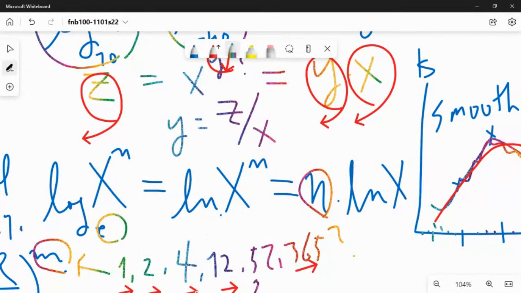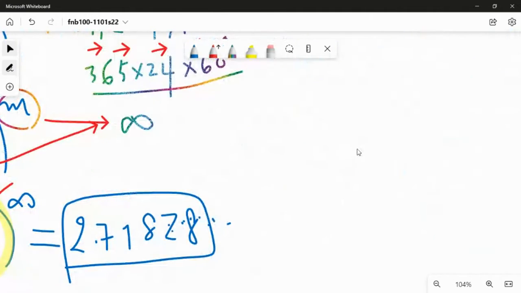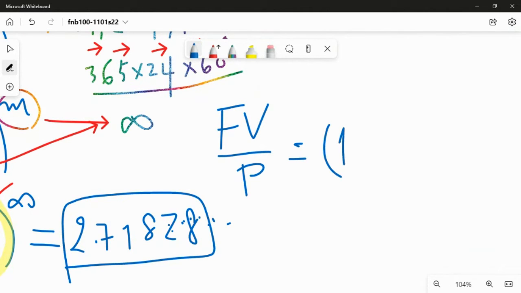So now that gives us an idea. Again, think about it. We had basically FV over P, from the base function, from the 1 plus r raised to n, right?